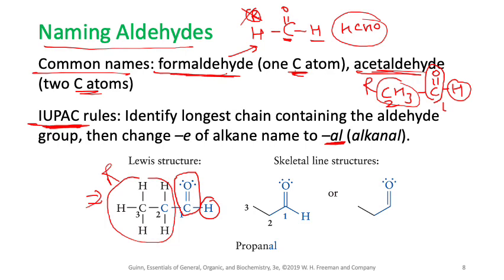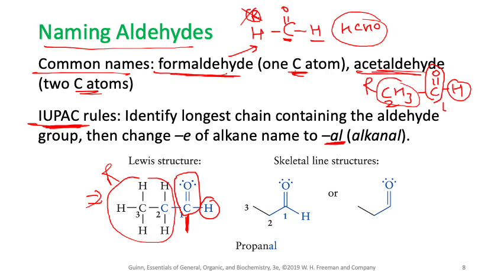So the rule says you have to give preference. Let me tell you the rule again. You have to find the parent chain, and you have to give preference to the functional group. In this example the functional group is the aldehyde group, C double bond OH, and this carbon, the carbonyl carbon, is the carbon that contains the functional group. So you have to give it the lowest number, or start the counting from this side.